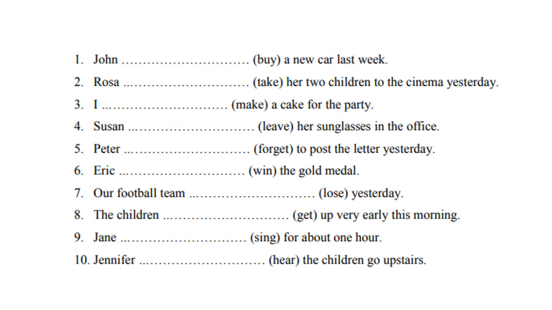So it's Rosa took her 2 children to the cinema yesterday. I made a cake for the party. Susan left her sunglasses in the office. Peter forgot to post the letter yesterday. Eric won the gold medal. Okay, in that way I'm changing the verbs in the past tense. Those are irregular verbs.